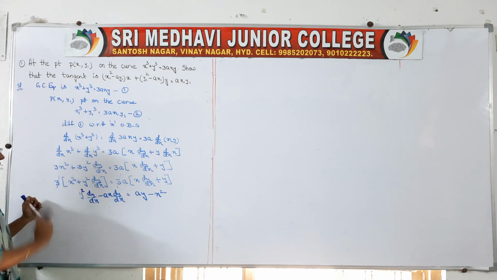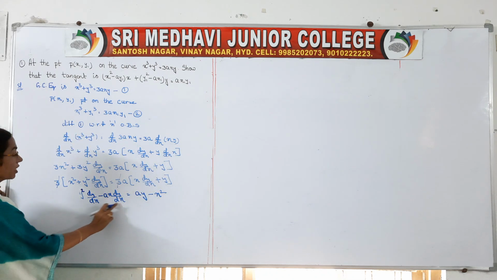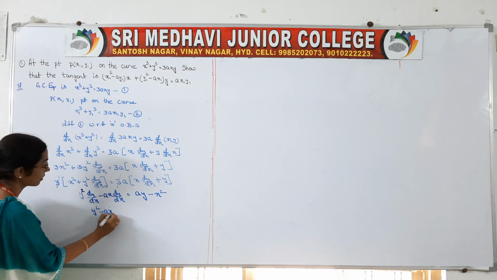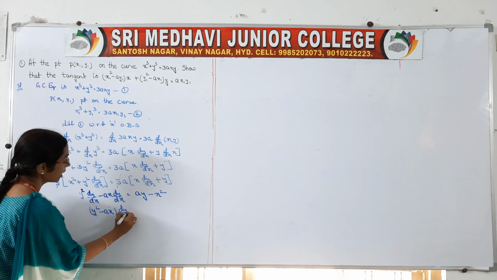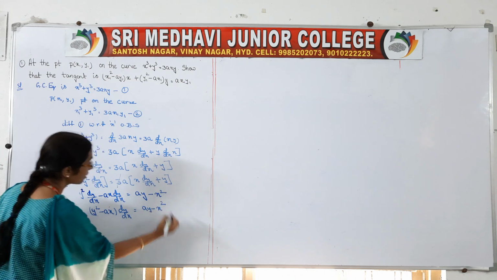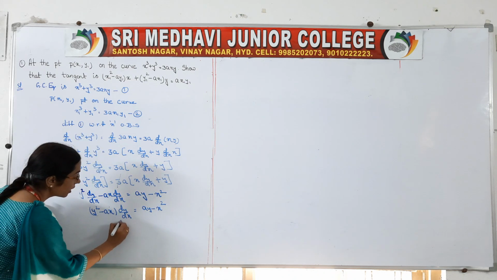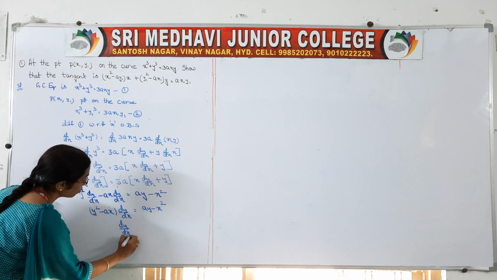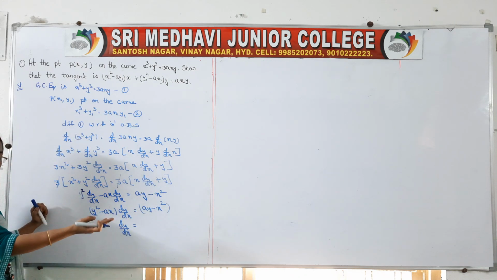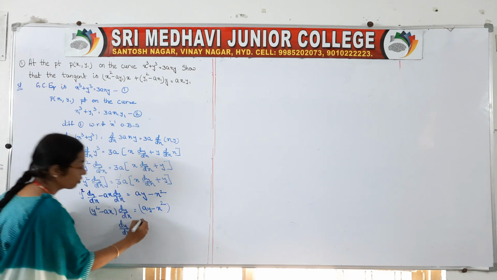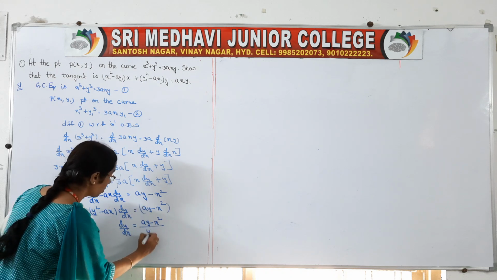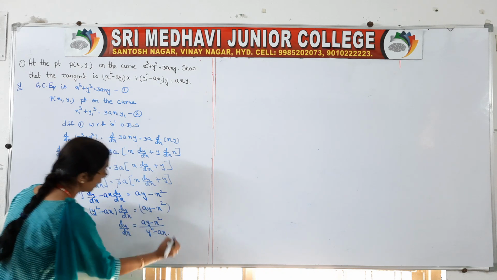Now take dy by dx common: y square minus ax into dy by dx is equal to ay minus x square. We want only dy by dx. So dy by dx is equal to, sending this term to that side, it is dividing, ay minus x square by y square minus ax.